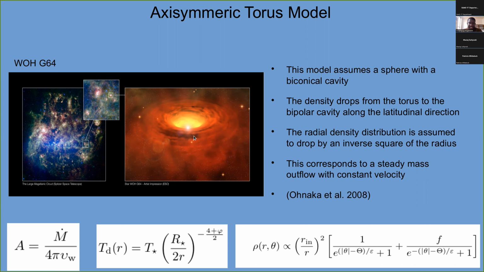And this is the artist's impression of how the star would look in its red supergiant phase as it's losing mass. And these equations are the ones that dictate the density distribution, the temperature distribution, and the mass loss rate parameters of the system itself.